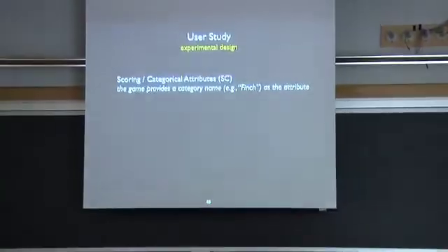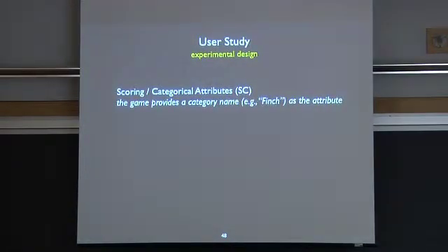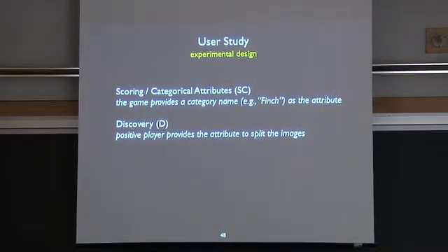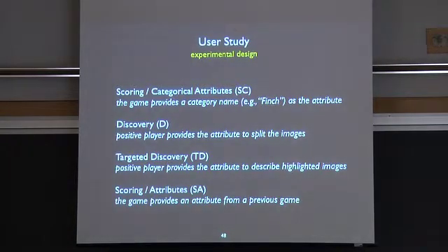So we looked at 4 different versions of the game. In one version, the game only gives the scoring mode, and the game provides a category name like Finch as the attribute. There's the discovery mode where one player gets to choose how to split the images. There's the targeted discovery mode where one player gets to describe some highlighted images.